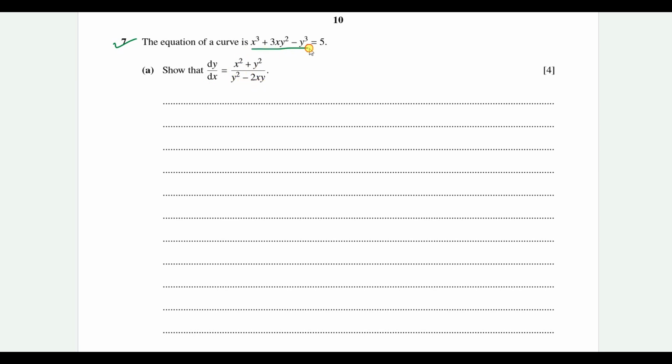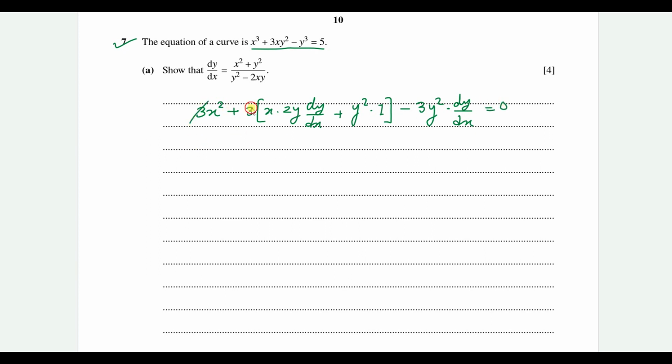We can see y is given implicitly, so we differentiate both sides of the curve, and we get 3x square plus 3 into, this is product rule, x into 2y dy over dx plus y square as it is, and differentiation of x is 1, minus 3y square into dy over dx is equal to 0, because the differentiation of a constant is always 0.